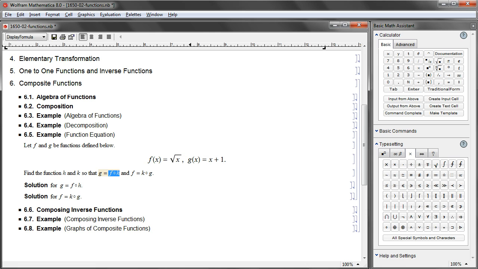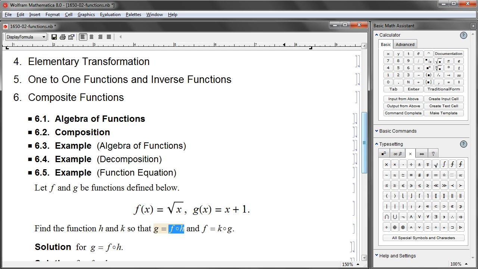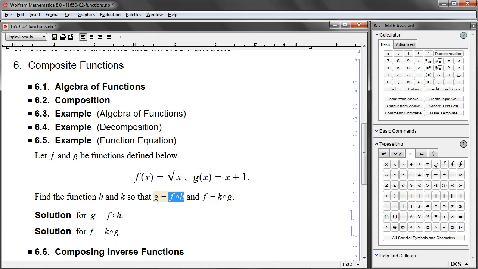Let me increase the font again. So the g, which is square root of x plus 1, should be expressed as f circle h, and f is the square root function. So this should be square root of h of x, basically.